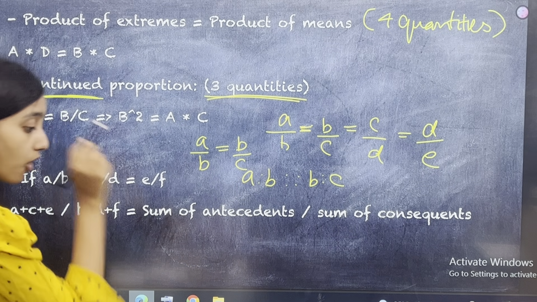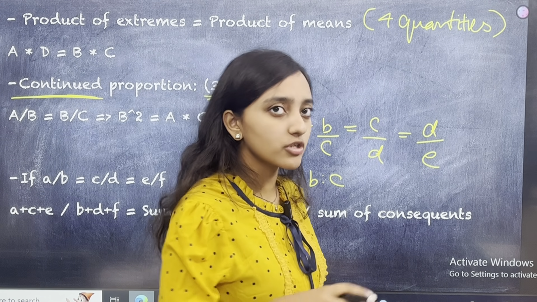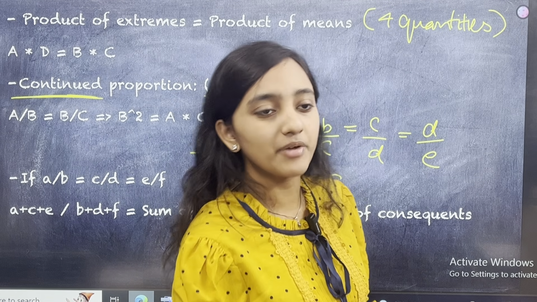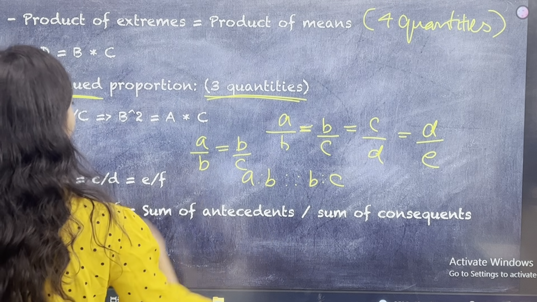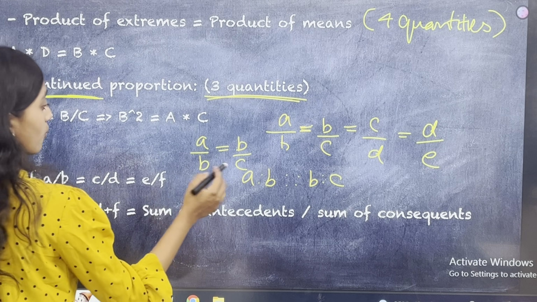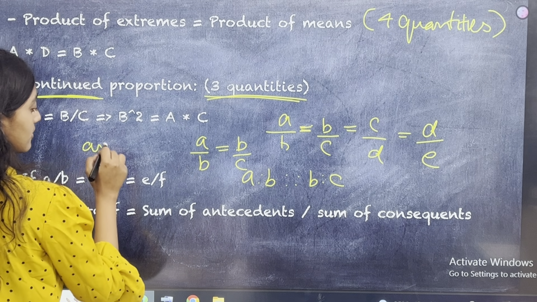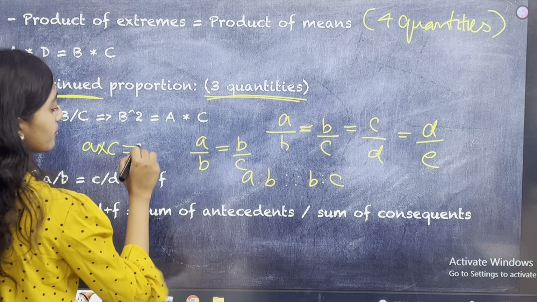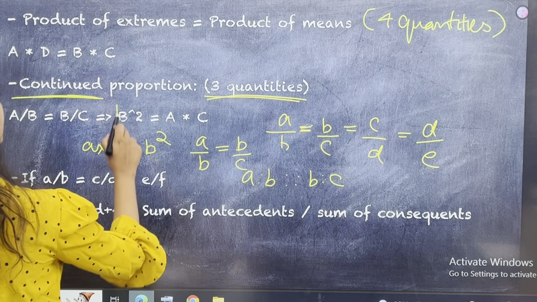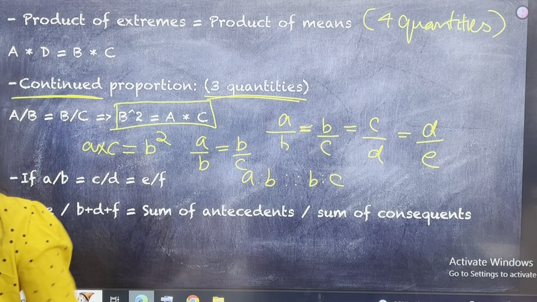There can be a lot of questions asked on continued proportion because it is one step away from the simple basic proportion. Can we cross multiply this? So what will come? A into C is equal to B into B, which is B square. Therefore, the formula is B square is equal to A into C.